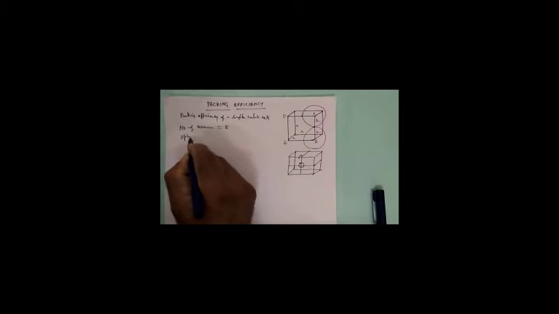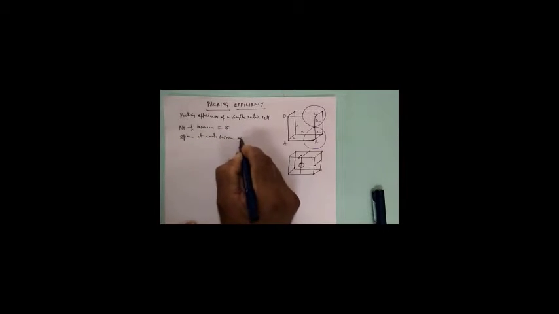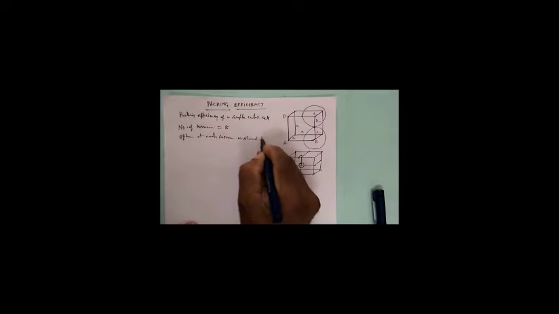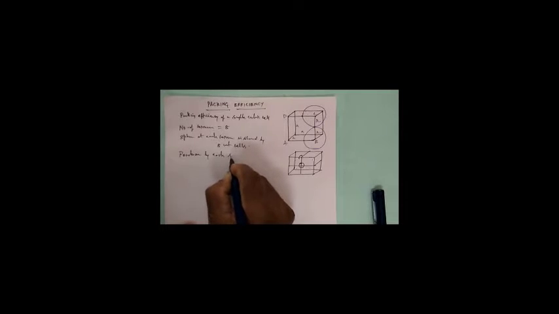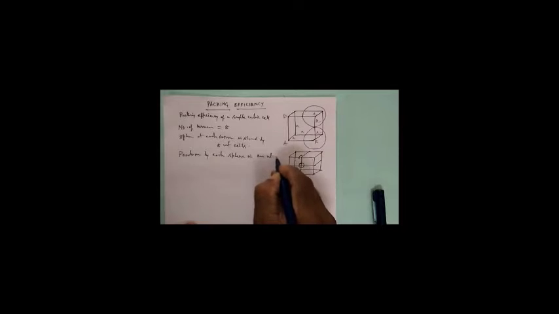The sphere at each corner is shared by 8 unit cells. Therefore, what is the portion contributed by each sphere in one unit cell? It is nothing but 1 by 8. Now, how many corners are there? 8 corners.